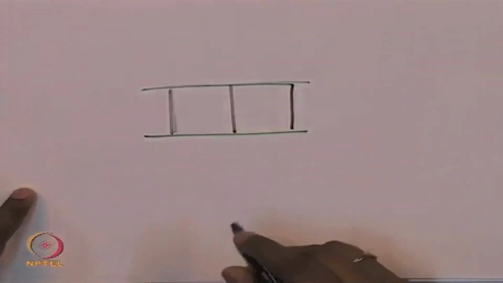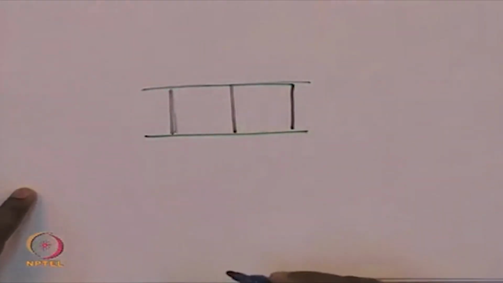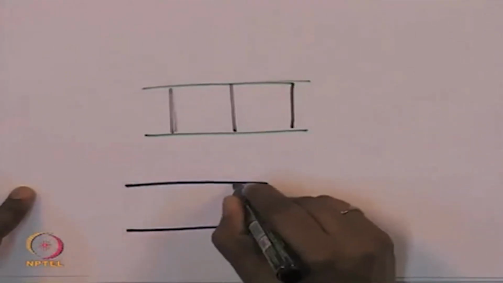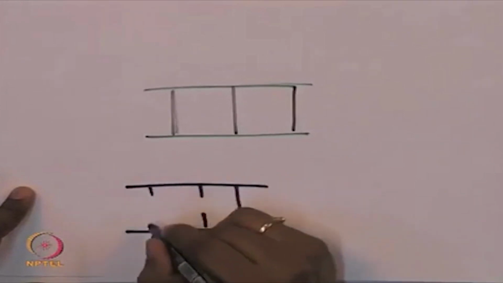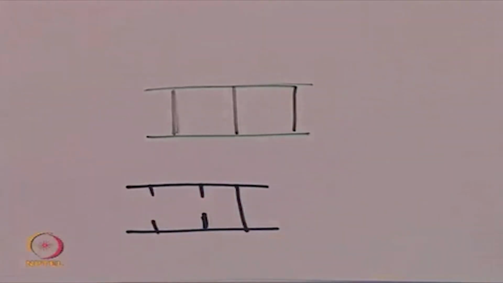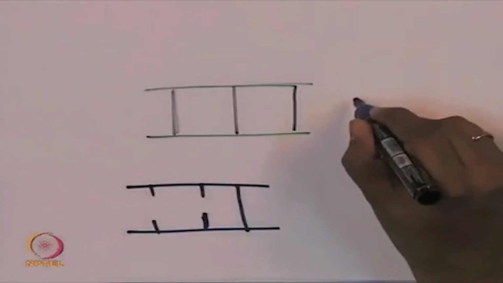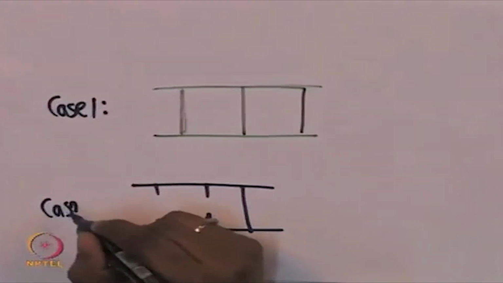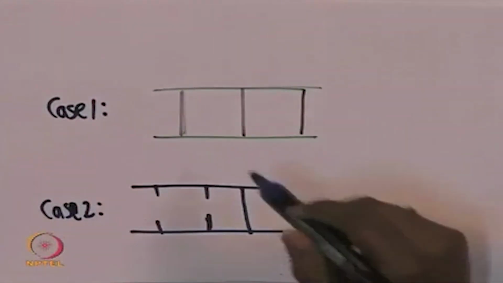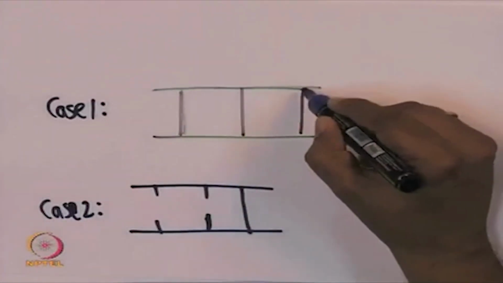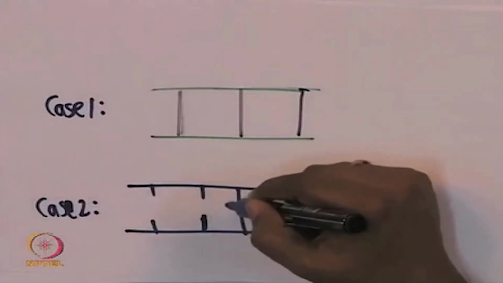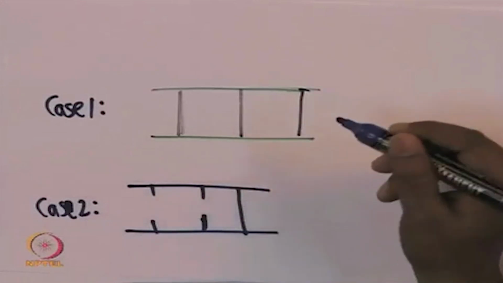You can imagine a situation where only one contact remains and two base pairs are broken. So, let us consider two cases. Case 1 is where all base pairing is intact, so all the bonds are there, and case 2 is where there is only one bond and two other base pairs are broken.